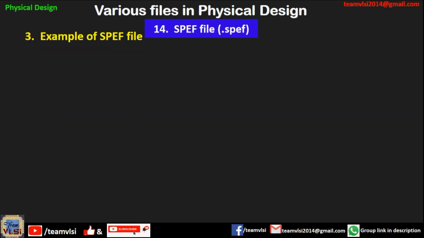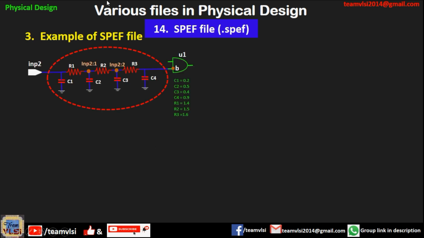Okay, so now we will see an example of a SPEF file. So I have INP2, 2 input ports here, which are coming from your top level to an AND gate, and this input port is connected to the AND gate through a net, and this net has this much of parasitics.